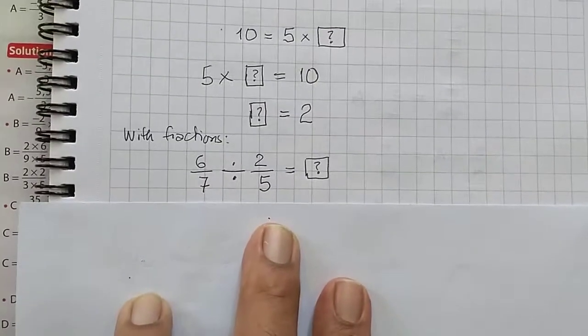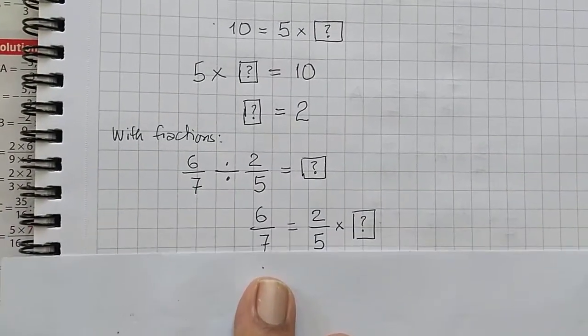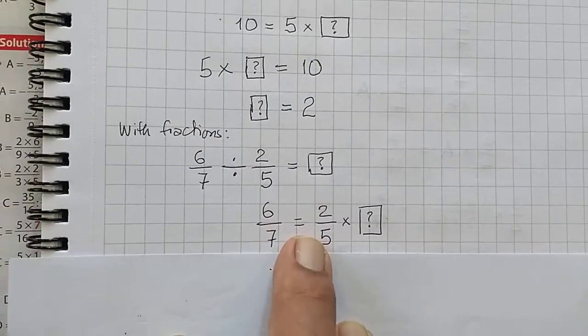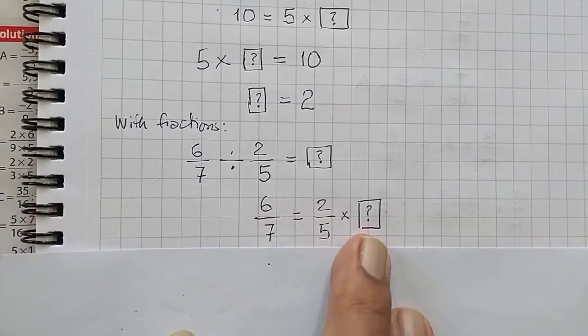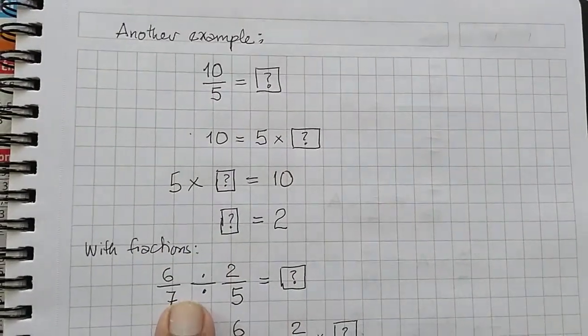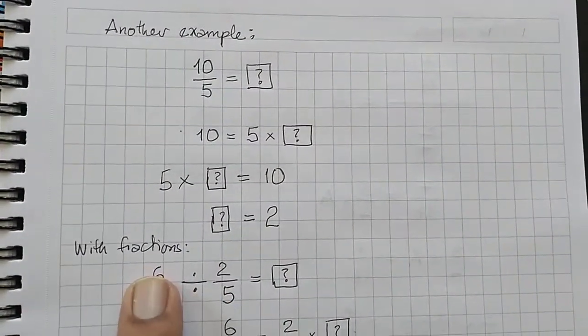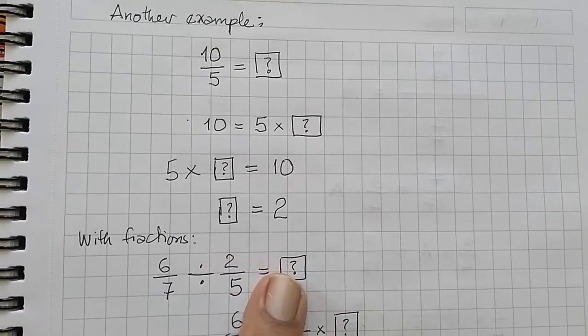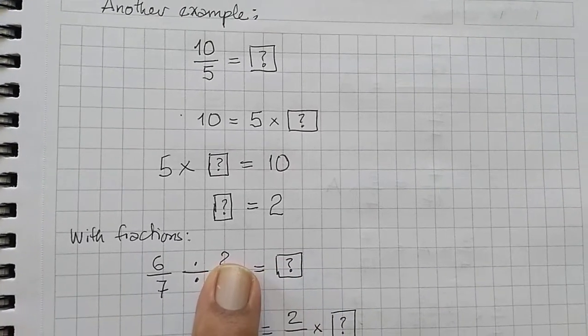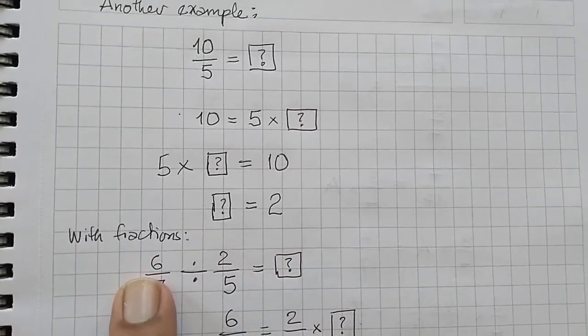So let's do the same thing. First I write 6 over 7 is equal to 2 over 5 into question box, because this is what it is. I'm dividing this value by this value, gives me that. So therefore this value into that value will equal this value.